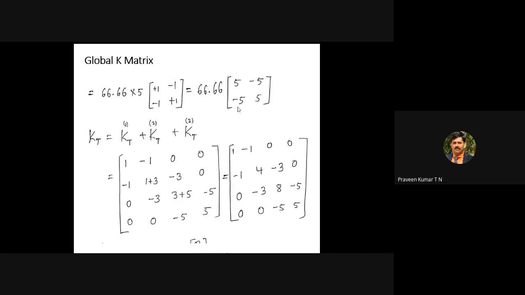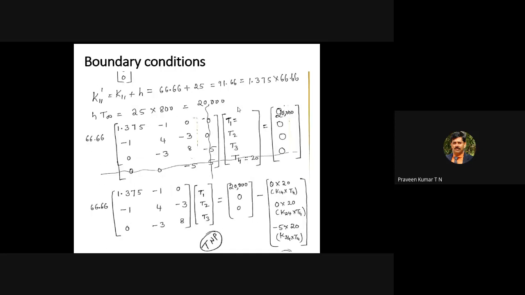In such cases, we cannot simply eliminate the fourth row and fourth column. You have to eliminate the fourth row and fourth column, that I agree. But once you eliminate them, you have to change the force vector also.